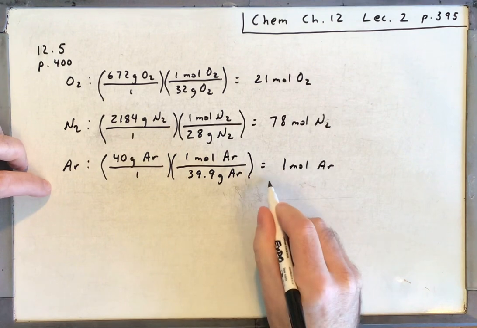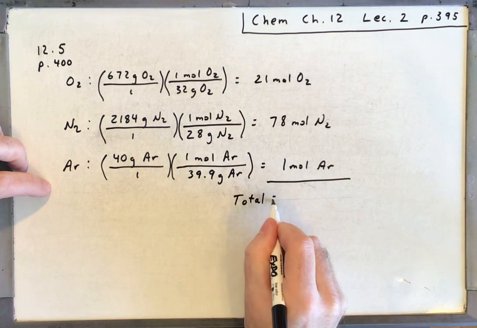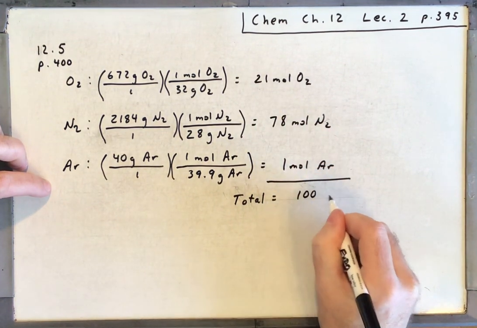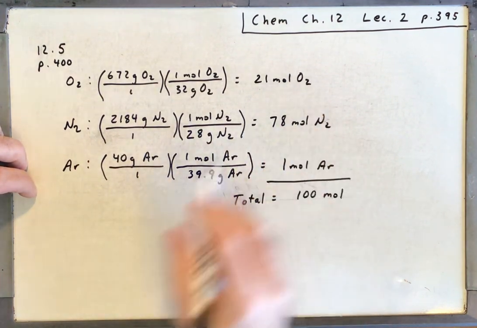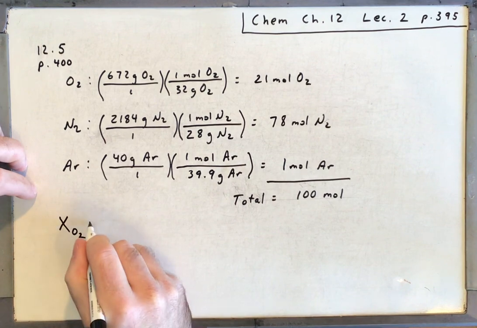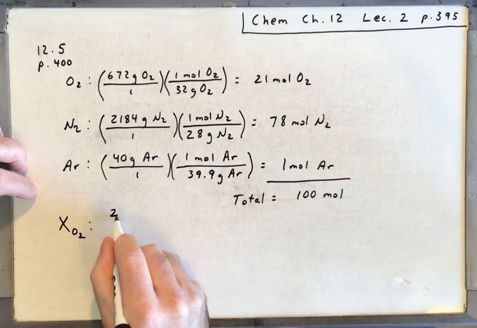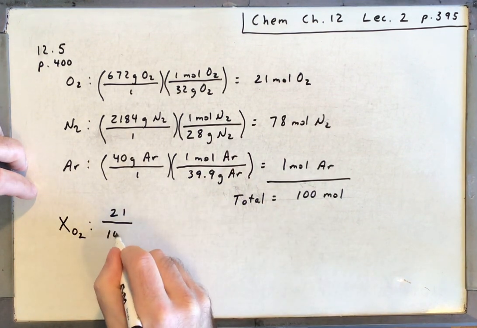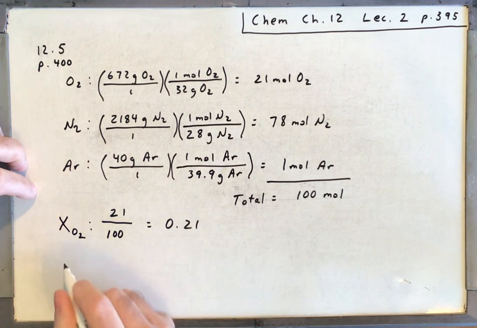We need to add up the total moles in the mixture. So it's 21 plus 78 plus 1. That's going to be 100 moles. So the mole fraction of each component, we call that X for oxygen. You take 21, the moles of the individual gas, divided by the total, 100, and that's 0.21.